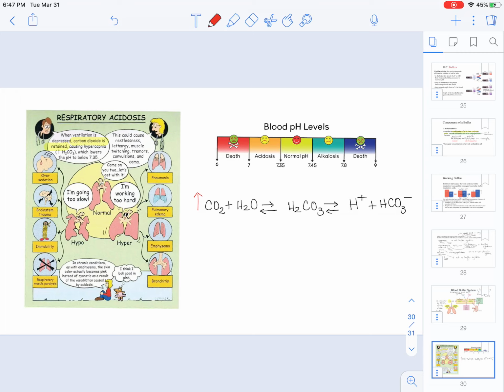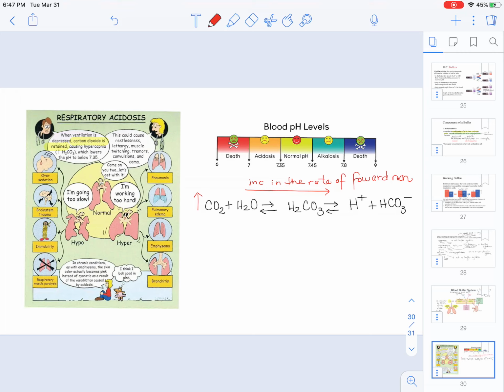An increase in the CO2 levels, if you relate it to the table that talks about what happens to the system, you will see that there's going to be an increase in the rate of the forward reaction. And remember, RxN is my shorthand for reaction.